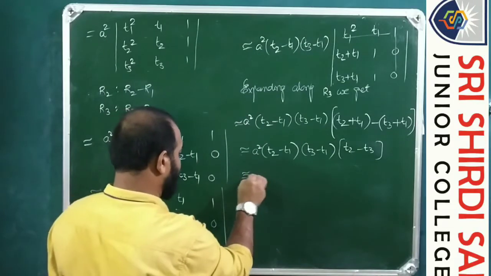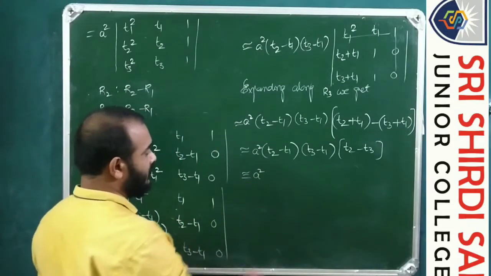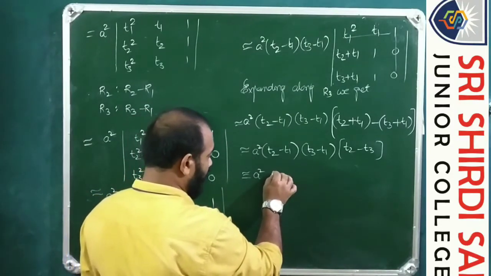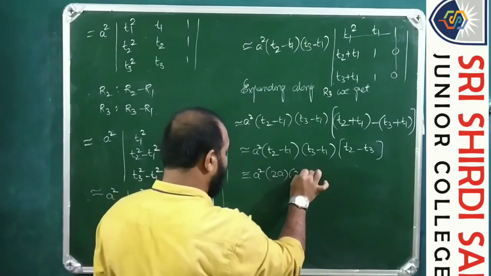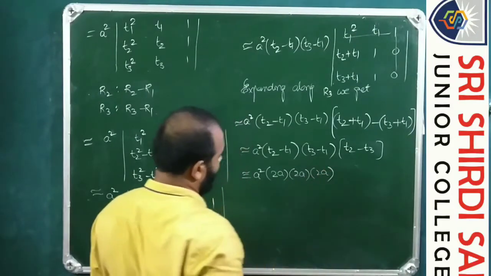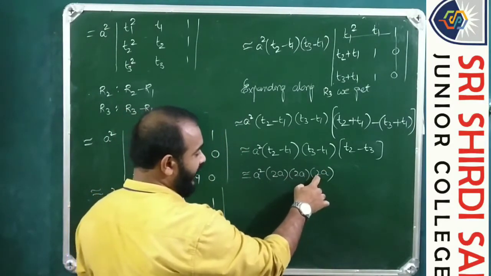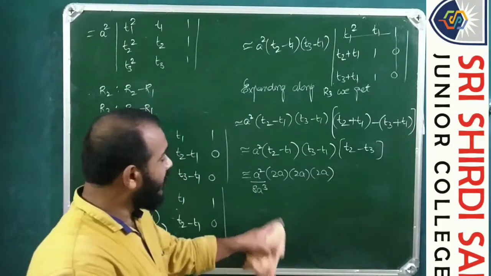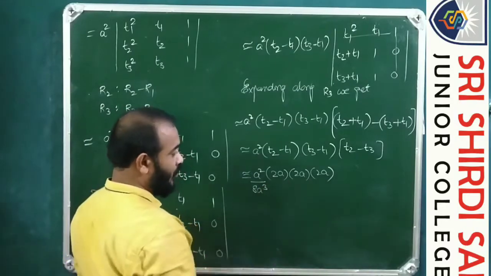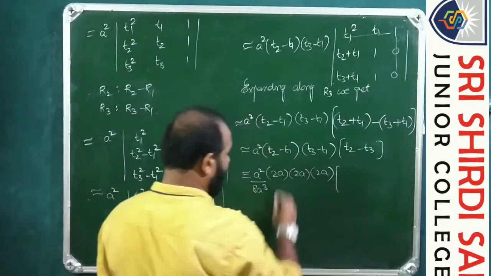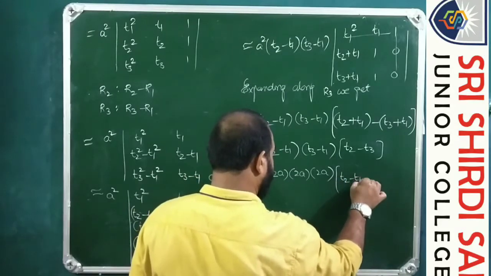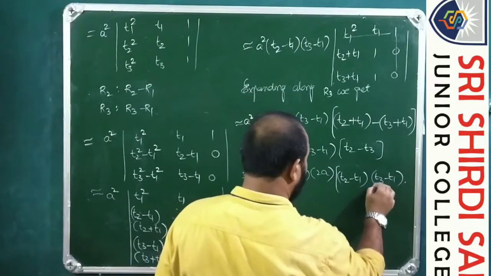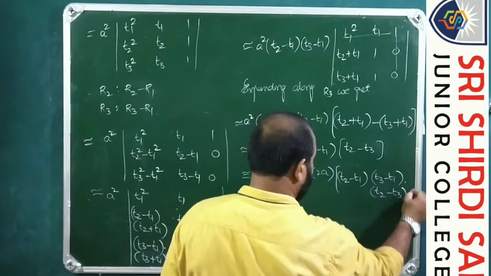Now this is equal to A square. Here what I am doing is I will multiply with 2A into 2A into 2A. So 2 twos are 4, 4 twos are 8, 8A cube. 8A cube I will divide also. So dividing and multiplying with 8A cube, then here we are left with T2 minus T1, T3 minus T1 into T2 minus T3.